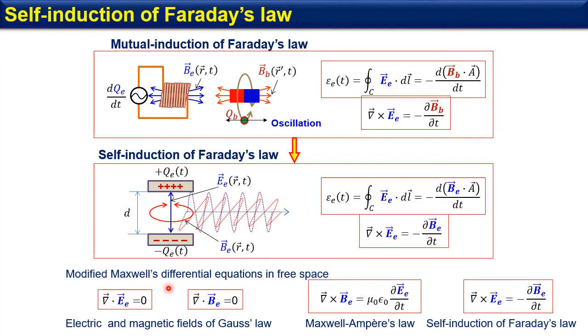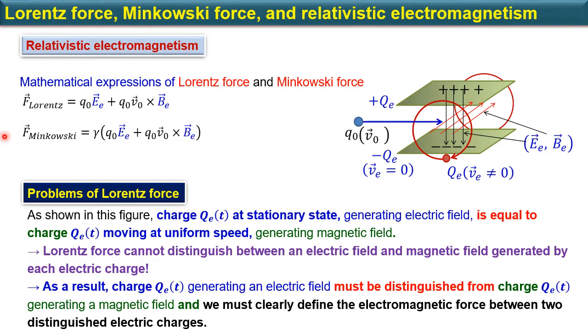We can also derive wave equations with Maxwell's modified differential equations, including self-induction of Faraday's law. From our discovery of self-induction of Faraday's law, we now know moving forward that an electric and magnetic field must be distinguished according to its electric charges.